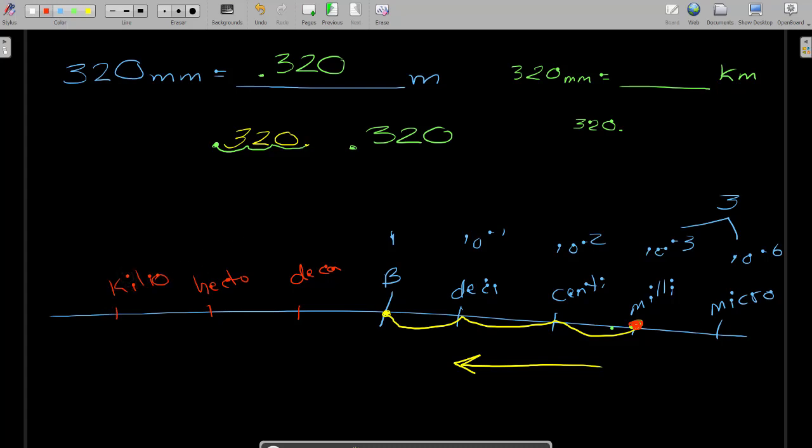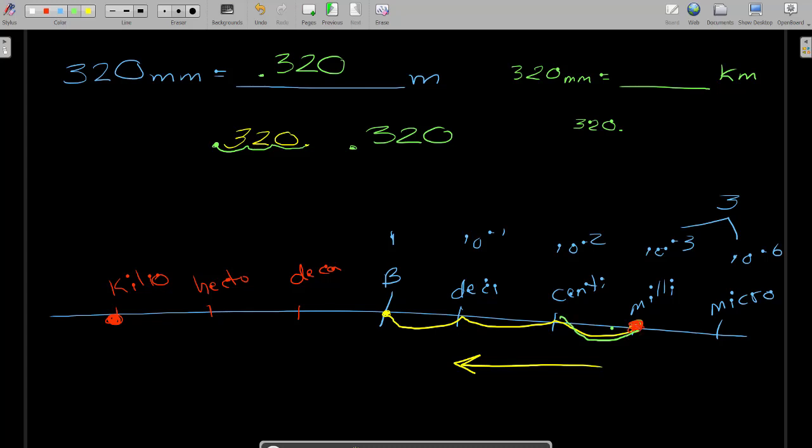Okay, so to do this, step 1, we're identifying where we're starting, which is here. Step 2, we're identifying where we're going to, which is kilo over here. Step 3 was to identify how many spaces and in what direction.